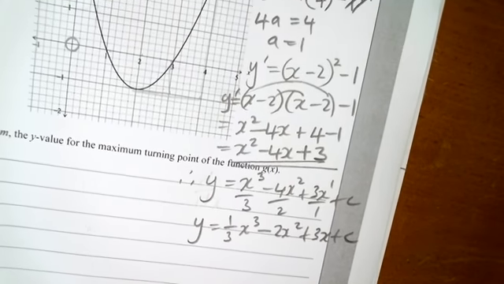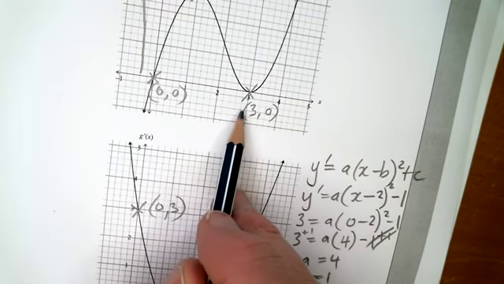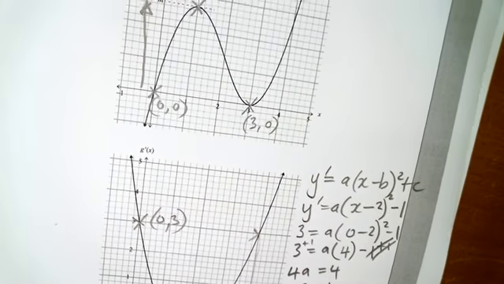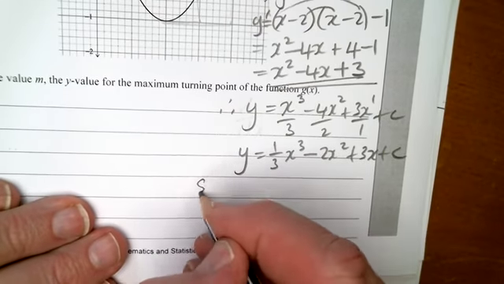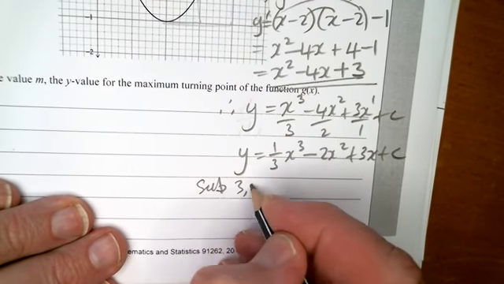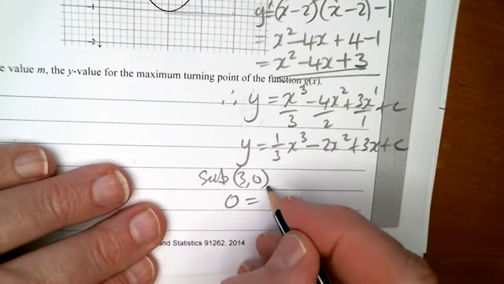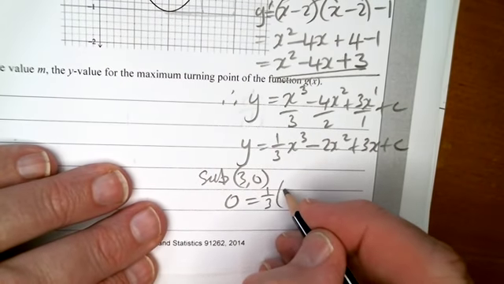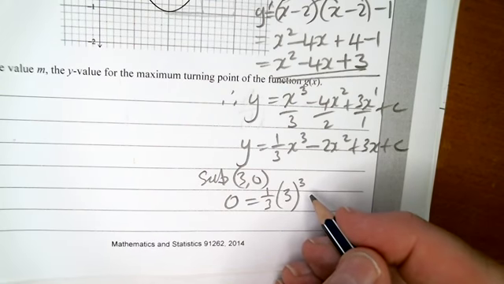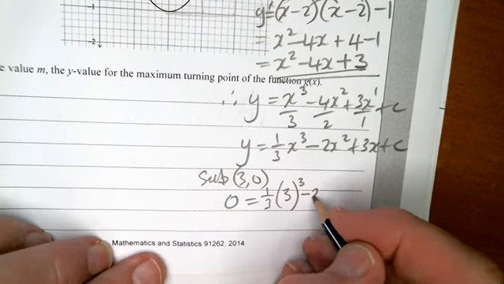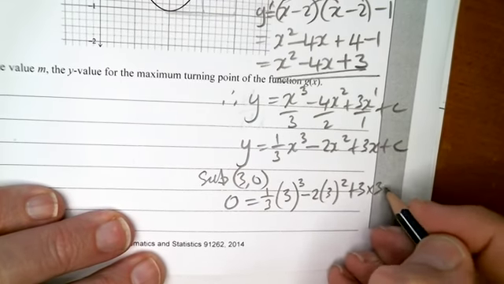Okay, now we need some more information here, but we've got some points here. This one is 3, 0. 3 along, 0 up. So let's put that in now. So 0 is equal to 1/3 times 3 cubed, minus 2 times 3 squared, plus 3 times 3, plus c.